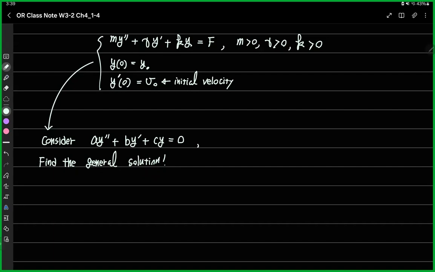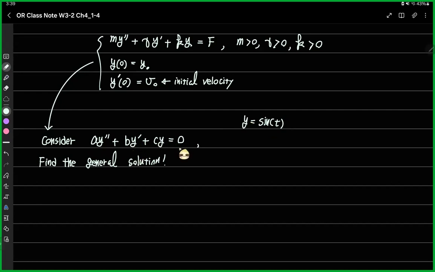So we just try to guess what the solution looks like. Say y of t is something like sine or cosine. Then second derivative of sine plus first derivative of sine plus sine equals 0.